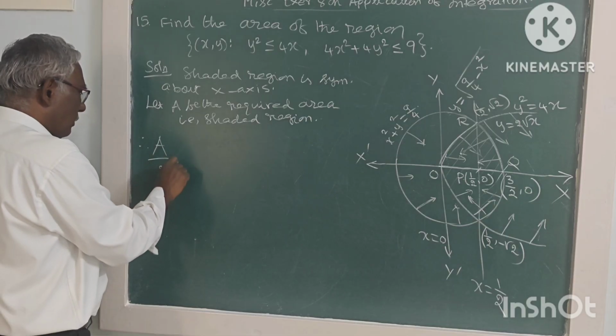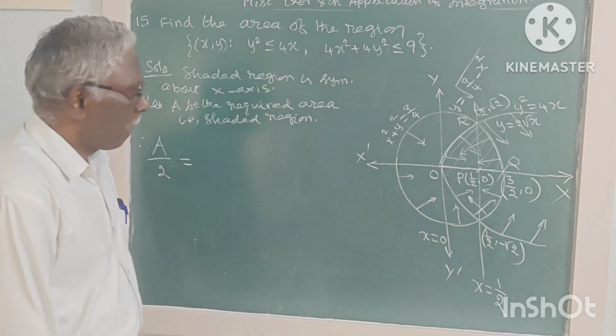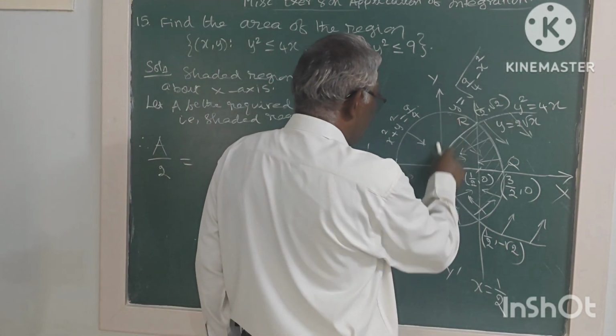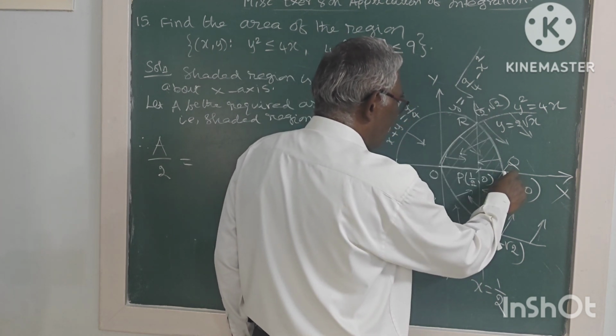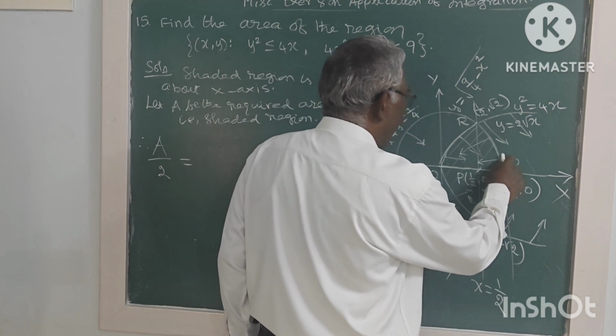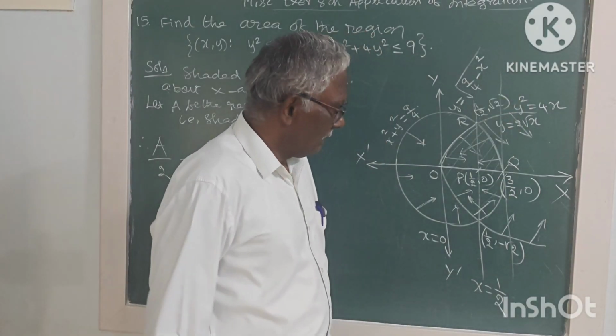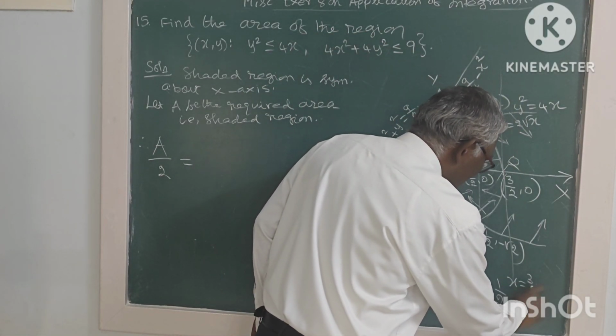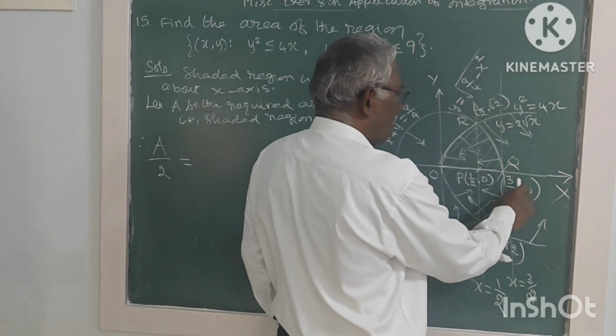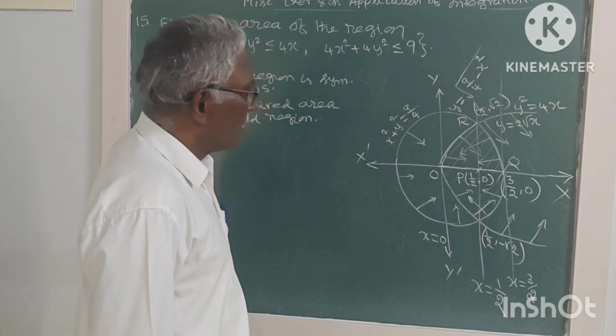A/2 is equal to, now x is 0 to x is half. Through Q also we should draw one line parallel to the y-axis, and the equation of this line is x = 3/2, since this line passes through (3/2, 0).